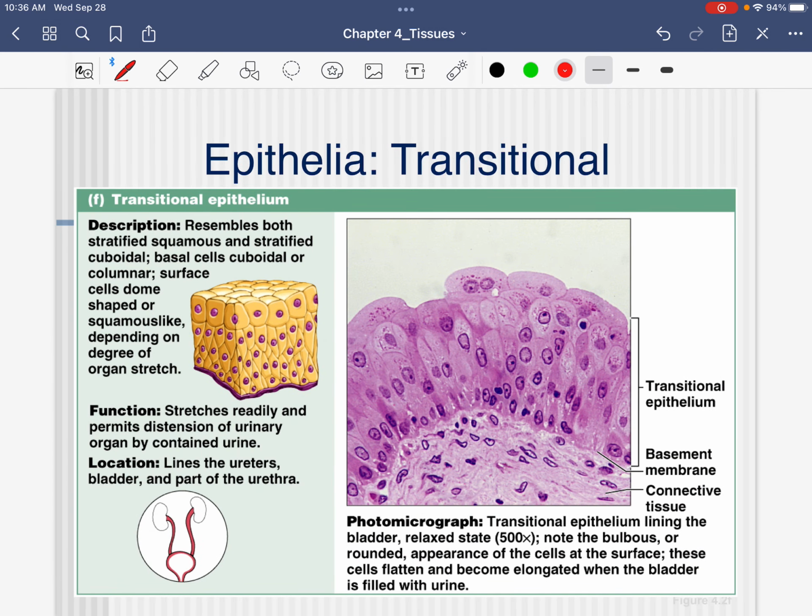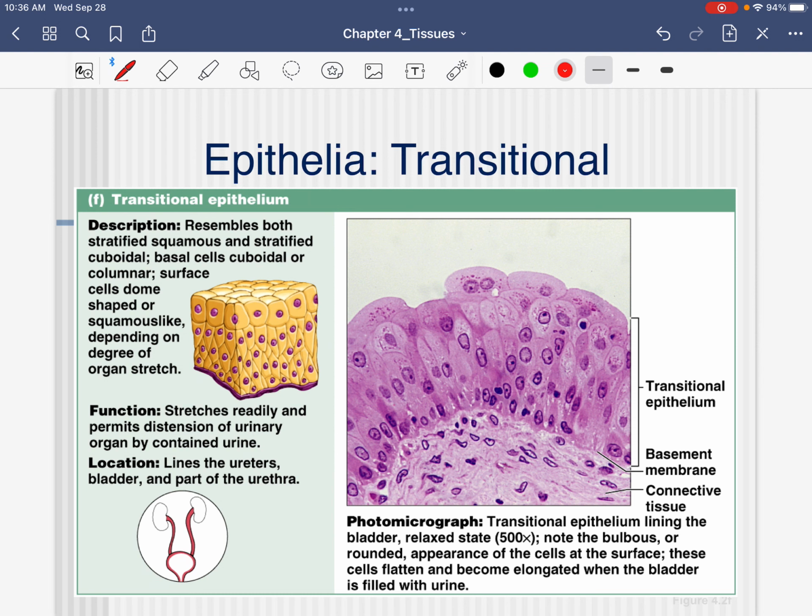Our last epithelial type that I am asking you to know is transitional. Transitional has the free space and the puffy cells. Free space and puffy cells. Technically, I suppose it's stratified, but this one, we're not really following the rules of the naming.